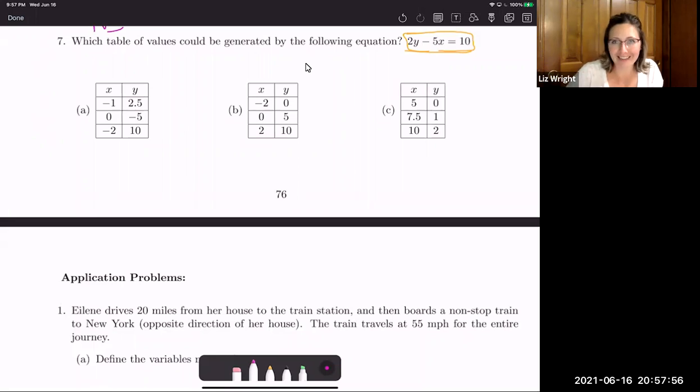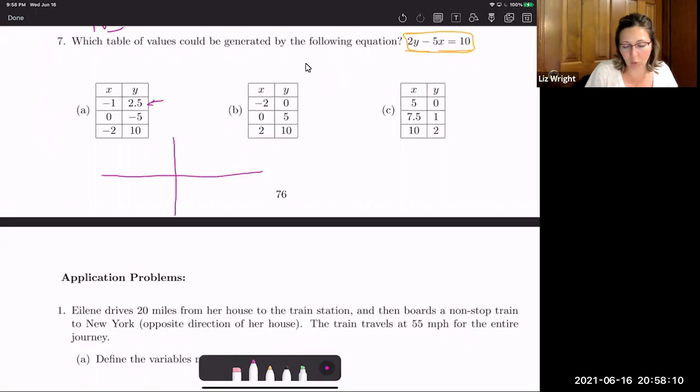If the second ordered pair works, then you get to say, yes, that table works. But why is that? Like, why is it that if one works, why can't we just say, yes, the table works? The reason is because if one ordered pair works, what that tells us is at least 1 point lies on the graph of the line. But let me show you something. If we had 2 lines like this, they intersect at a single point, right?